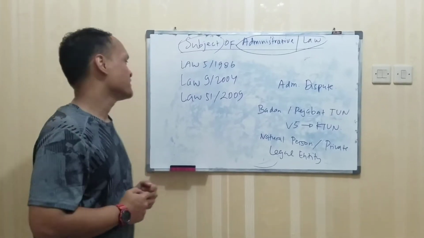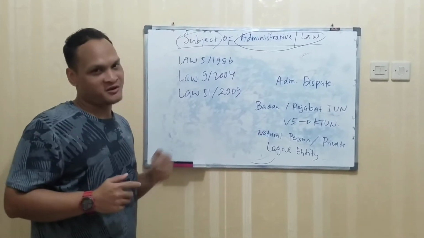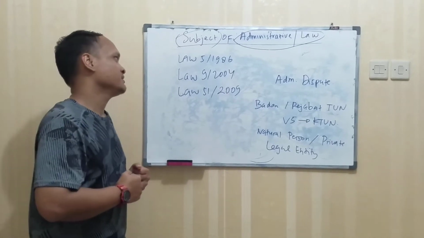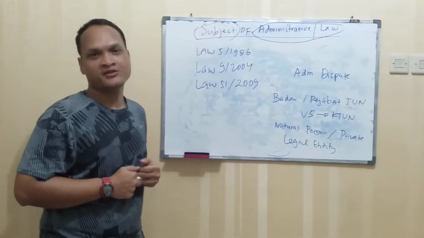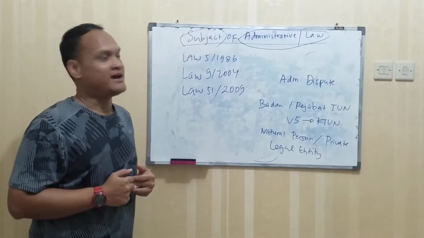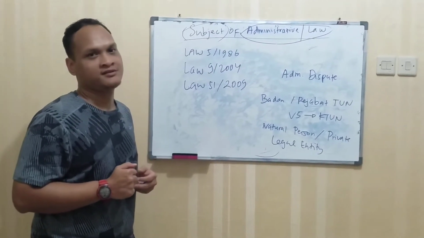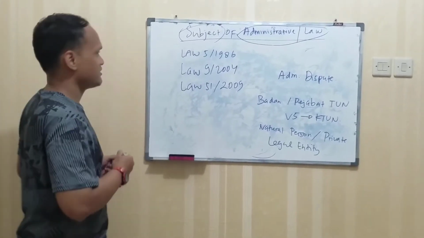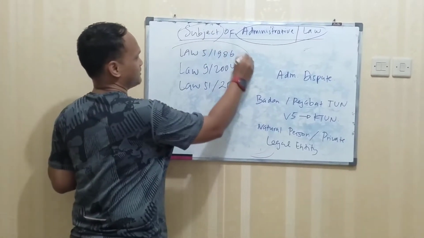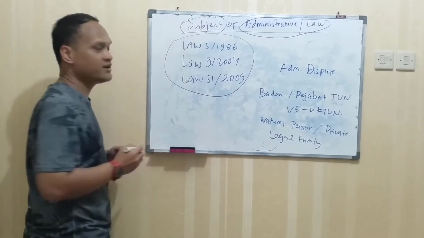Hello again. So this is the continuation of the first video regarding the subject of administrative law. As your reference and as the basis of law of our discussion of this topic, you have to read these three regulations.